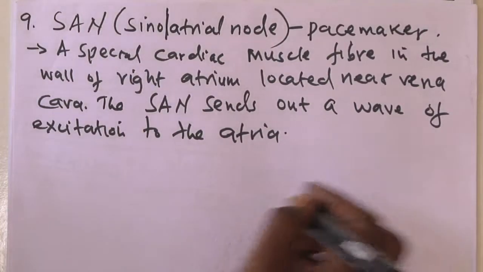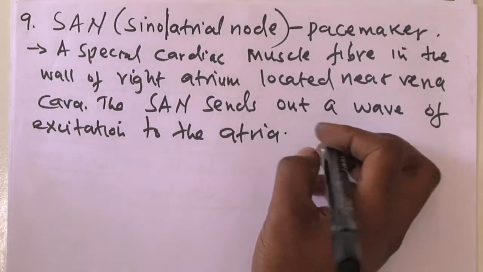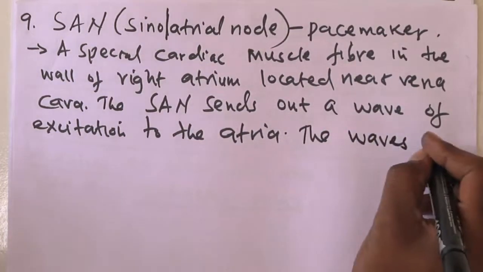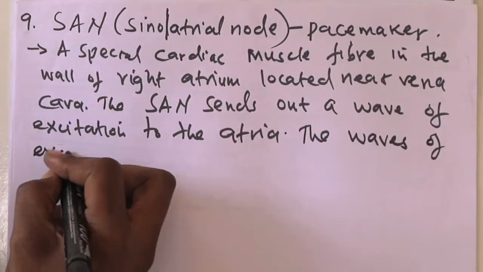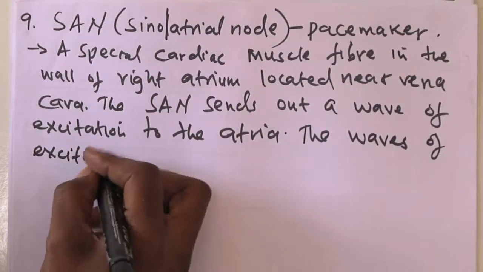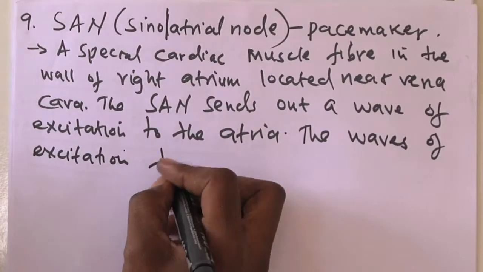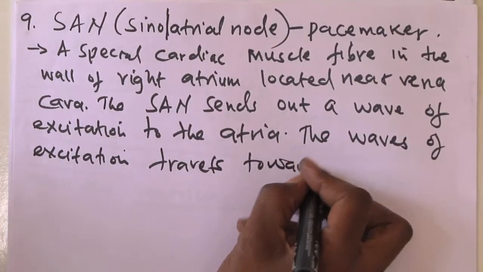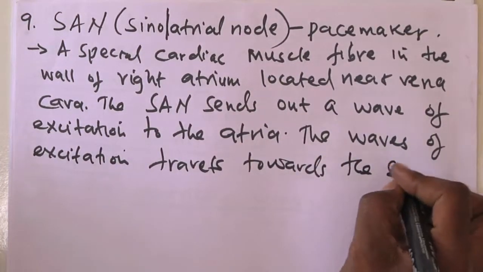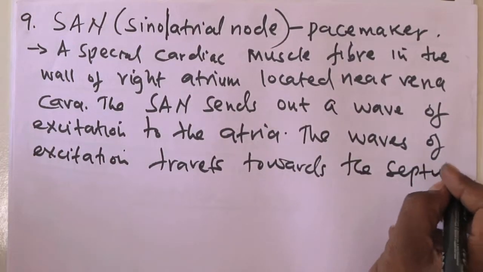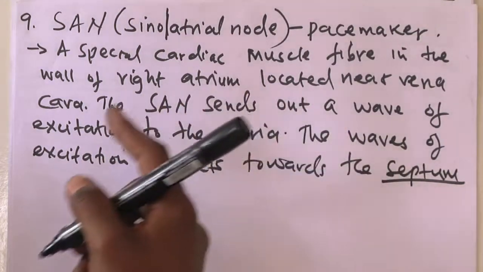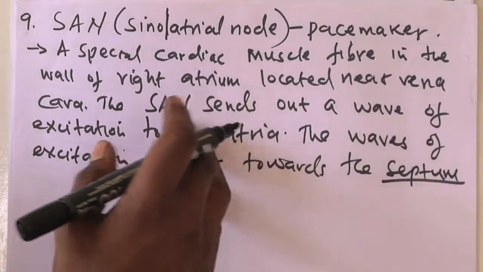So what do we mean? The waves of excitation travel towards the septum, and the septum is the part that divides the heart into two parts, the left part and the right part.